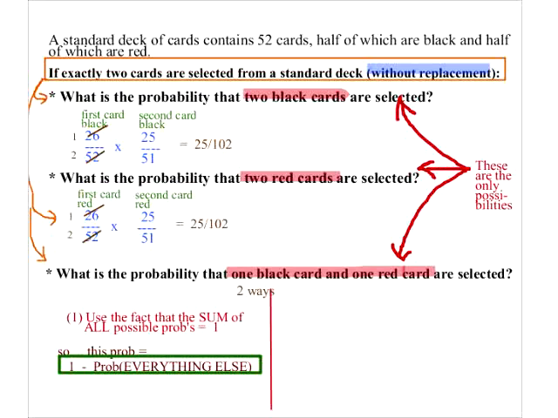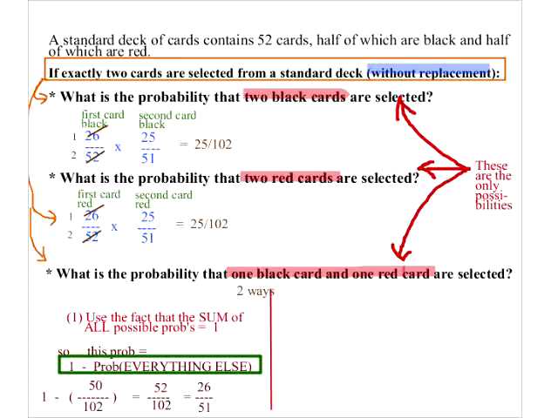So that's 1 minus, the other events together are 25 over 102 plus 25 over 102. Those together are 50 out of 102. So you get 102 minus 50, that's 52 out of 102, which reduces to 26 out of 51.